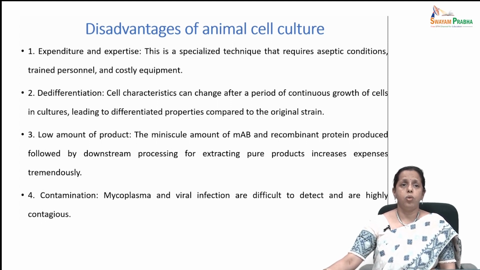And there is a low amount of product, maybe monoclonal antibody or recombinant protein produced, followed by downstream processes, they are all very low. The cell lines are prone to microbial contamination via mycoplasma and viral infections, and they can be detected, and they are highly contagious.